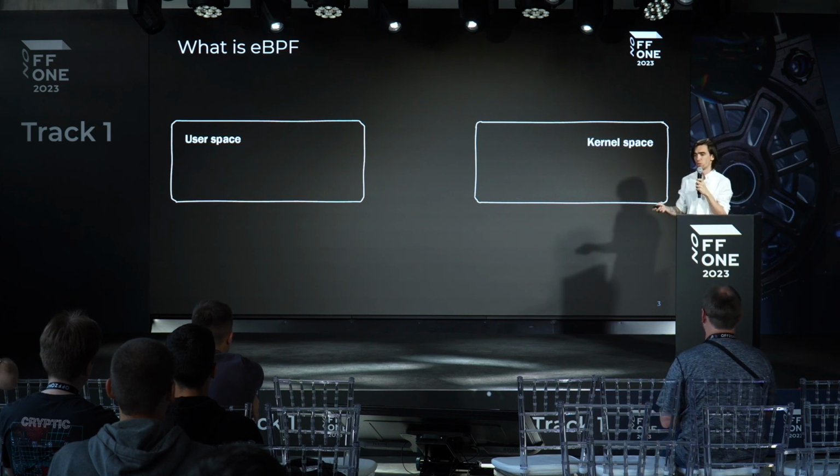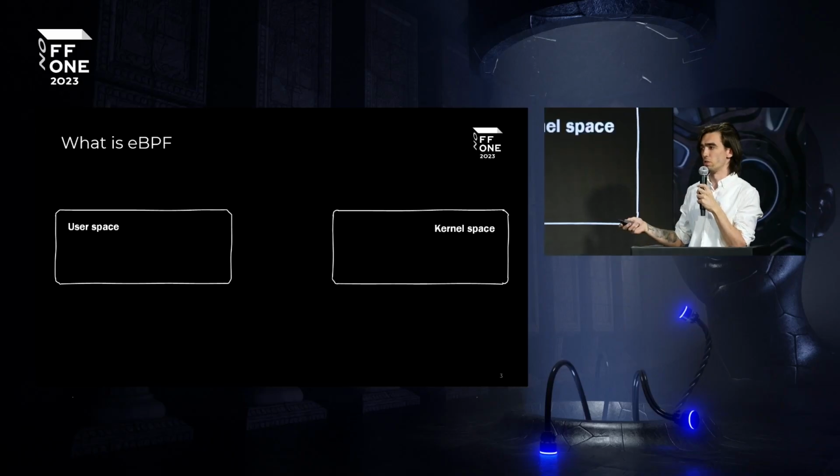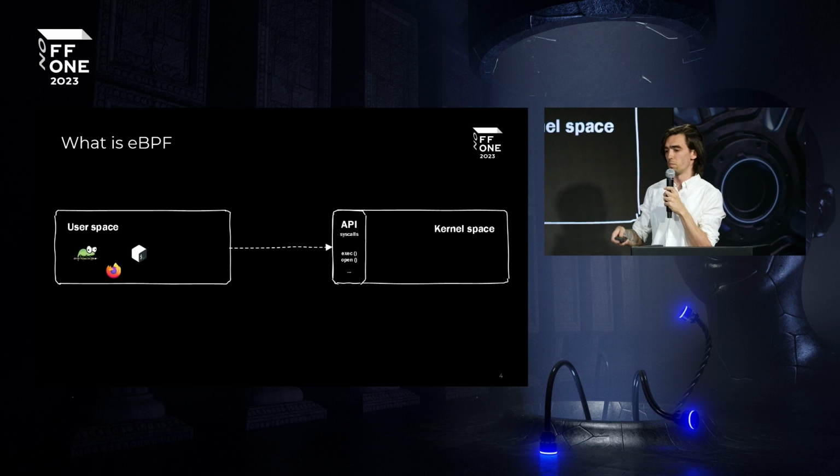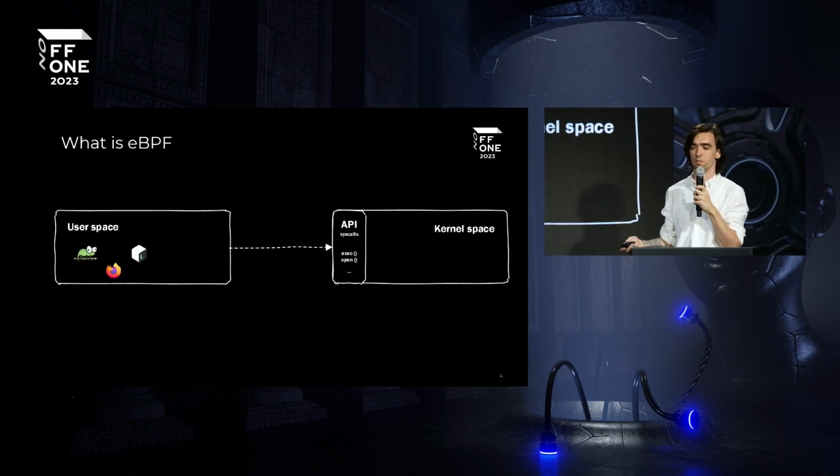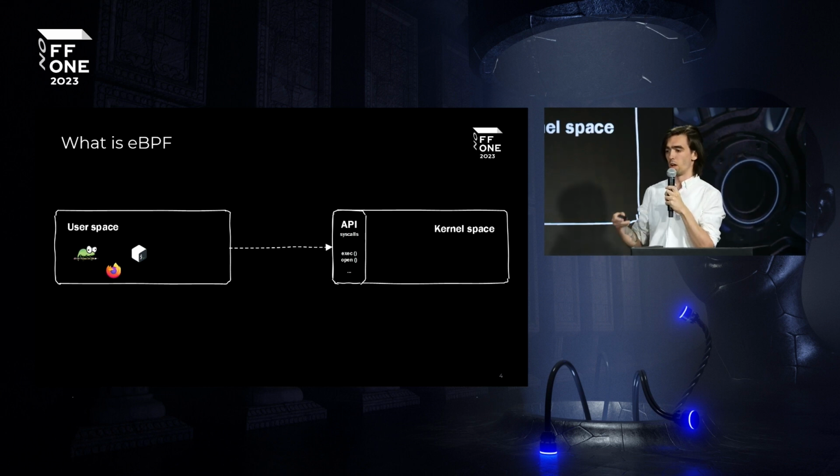And since software from user space needs to get access to the hardware, for instance, to write something in the file, store the process, and so on and so forth, they send requests to the kernel space, and they use special syscalls, as they're called.